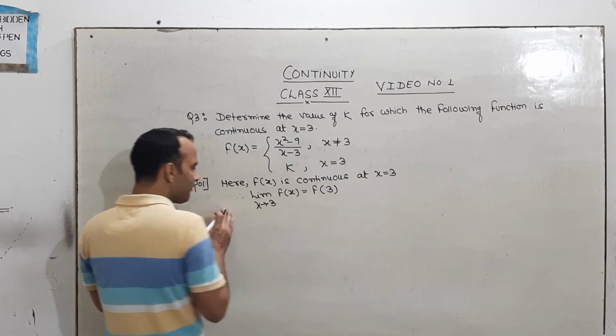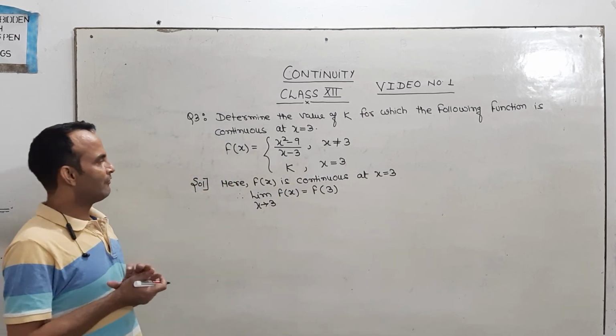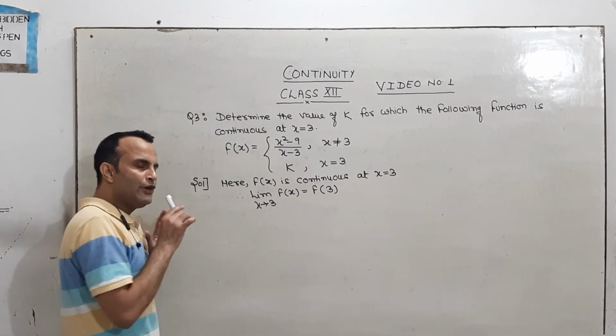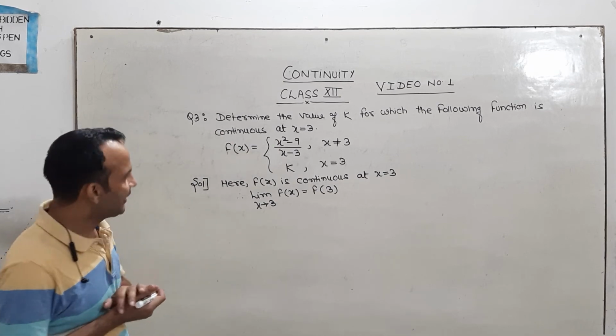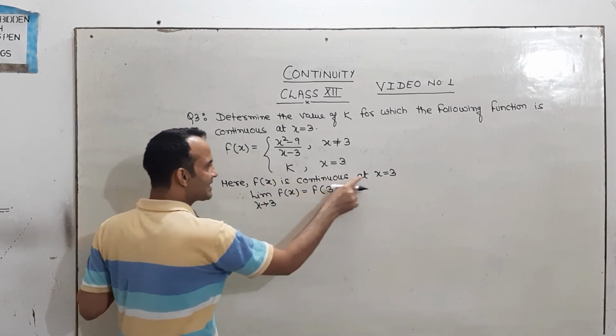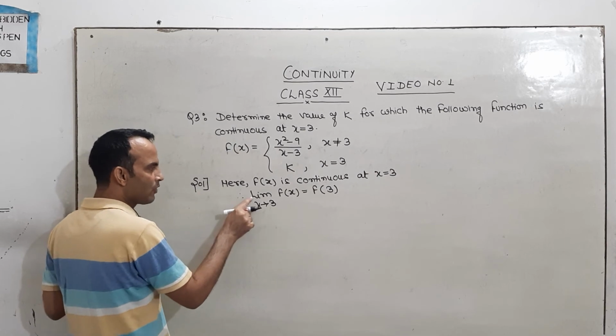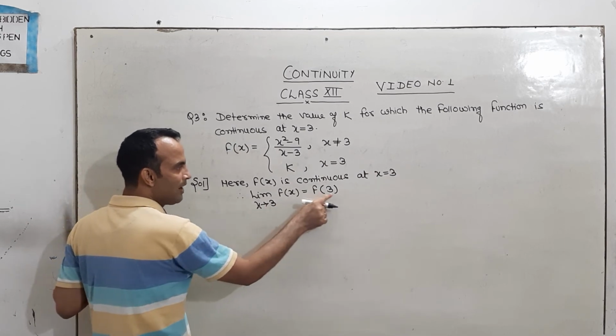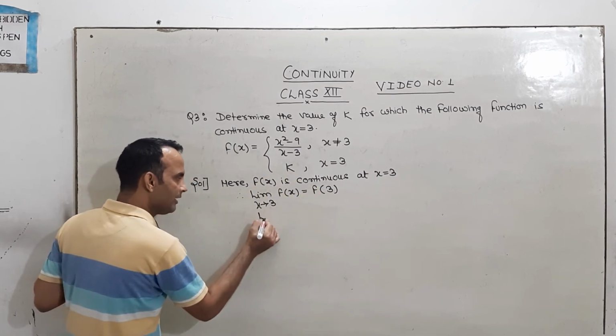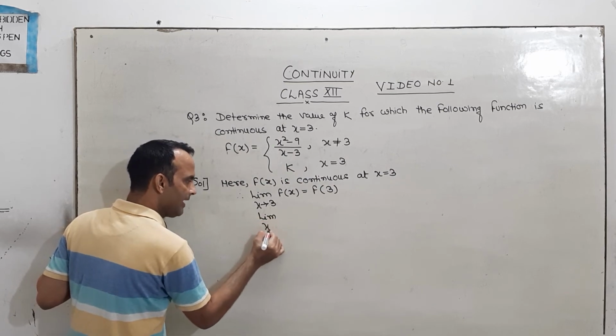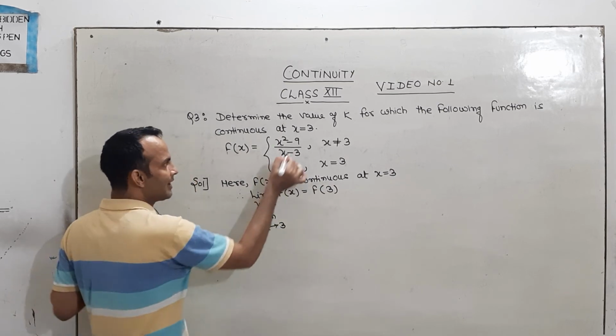So, whenever we have to find the unknown value, we have to proceed as follows. No need to find LHL and RHL separately. Here f(x) is continuous at x is equal to 3. Therefore, limit x tends to 3, f(x) is equal to f(a). Now see, limit x tends to 3 of f(x). What is f(x)?